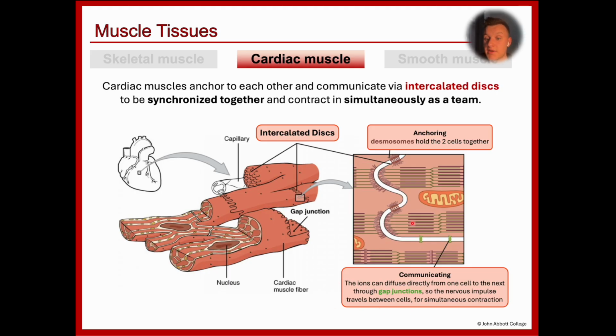These ions can pass to the next one and cause this muscle cell to contract, right? So it allows for the electrical activity to pass through so that the muscle can contract and do its job. So it allows them to be synchronized together and to contract simultaneously as one team.